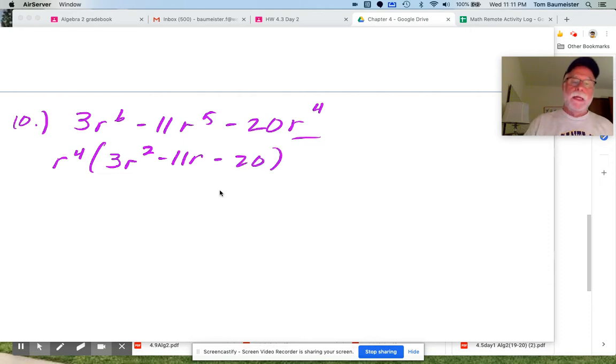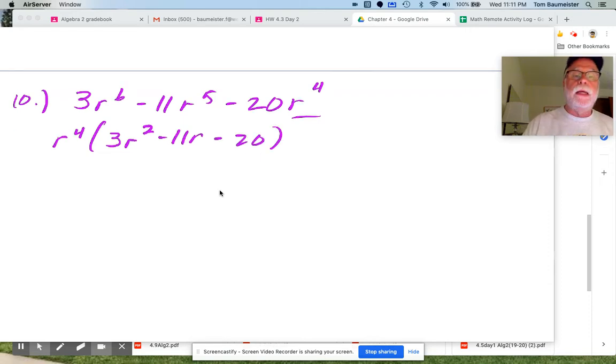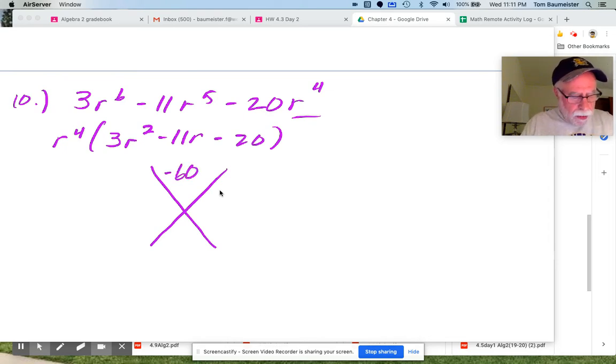That one is a quadratic where we don't have a coefficient of 1 on the r squared. So remember, one of the things I suggested was that we do our diamond and our box. When I do my diamond, I take the first and the last term and multiply them, which gives me negative 60r squared. Then I take the middle term and put that one down below.